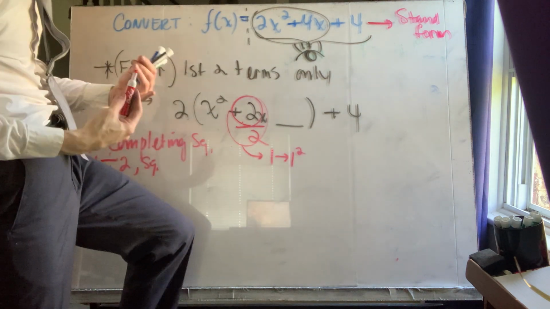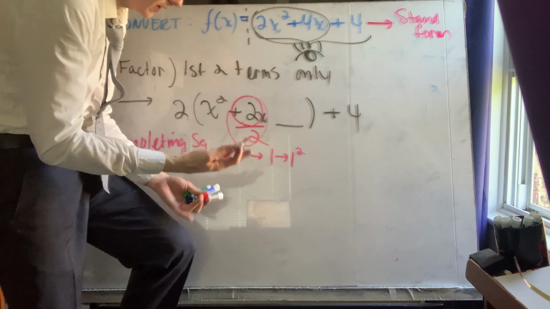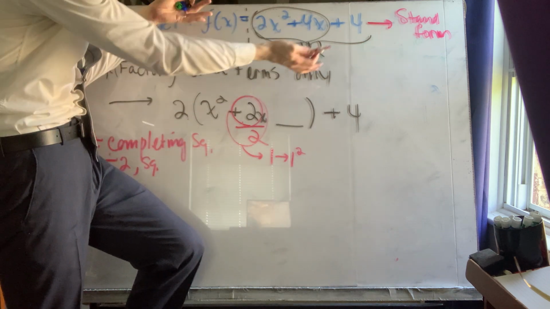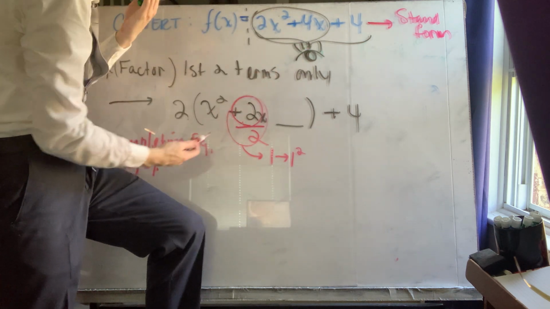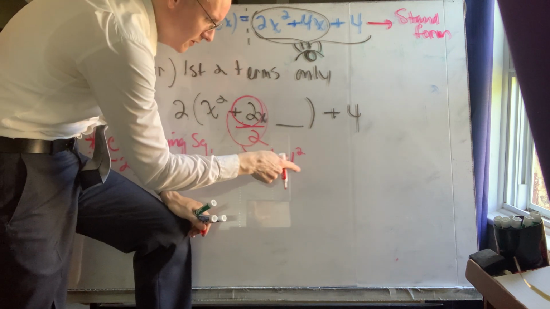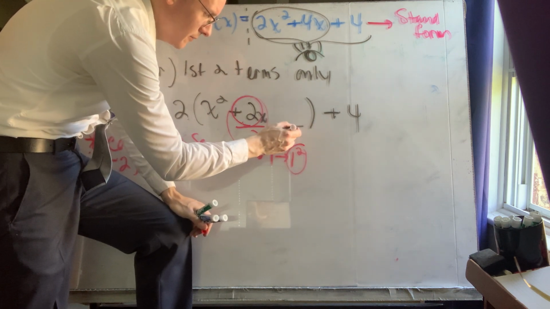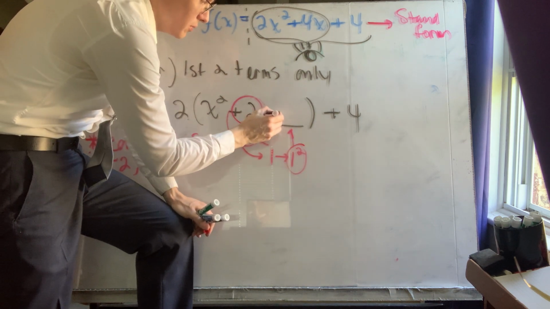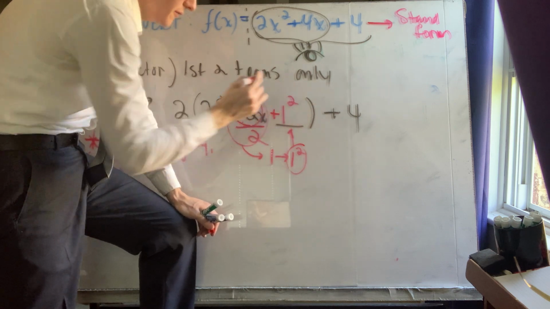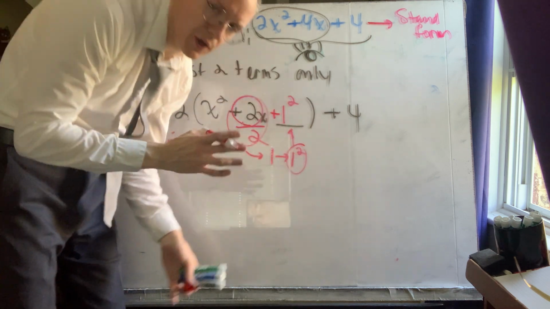And then under normal circumstances, like when you're trying to use this to solve, right now I'm not solving, I'm just sort of manipulating the situation, you would write this here. So plus 1 squared, which is really just the number 1.